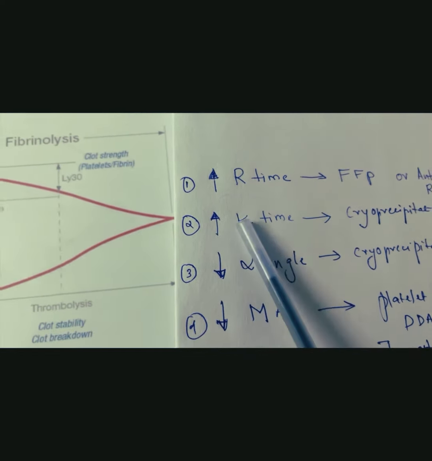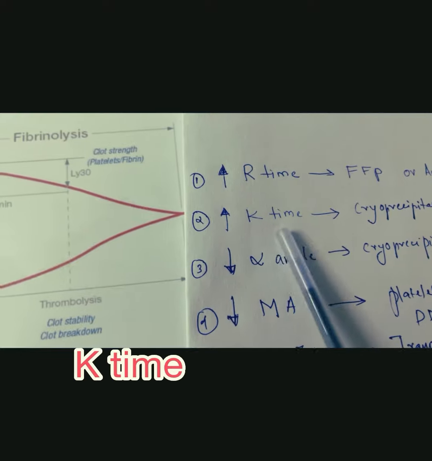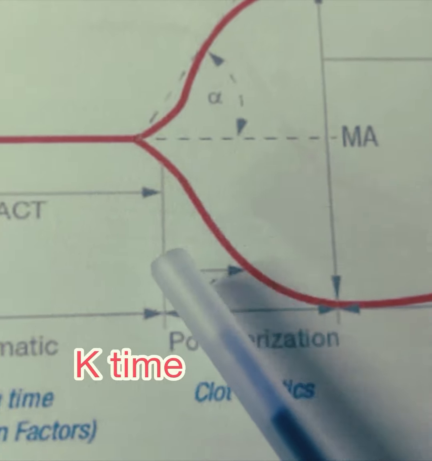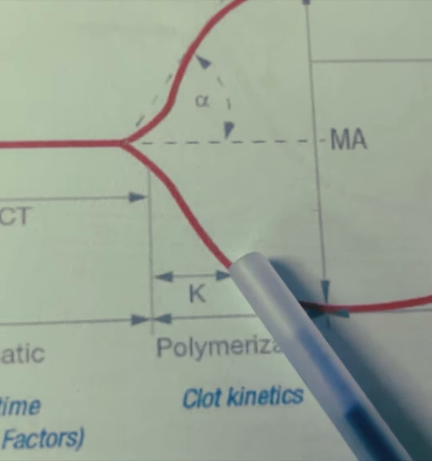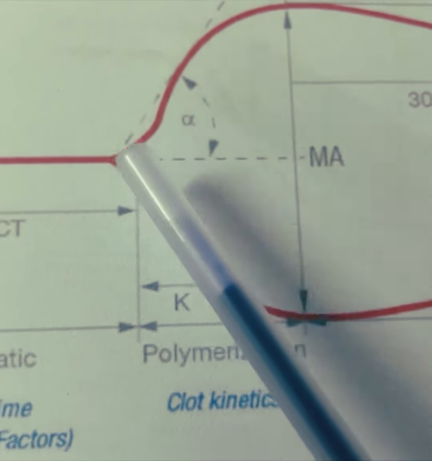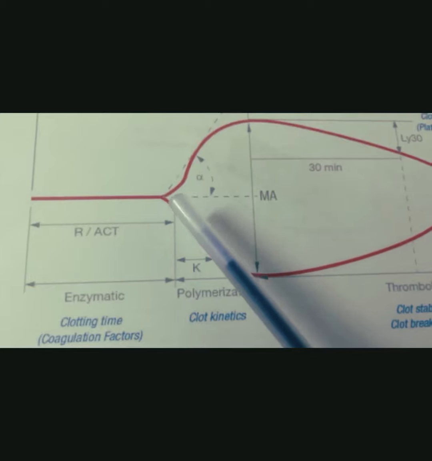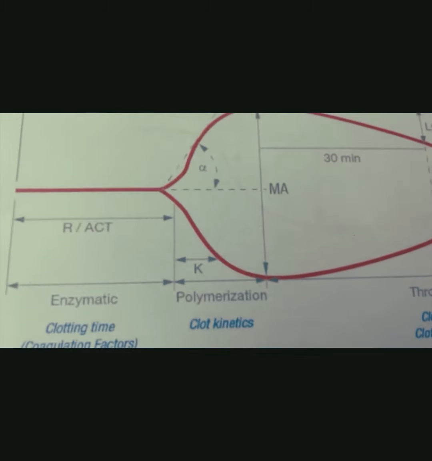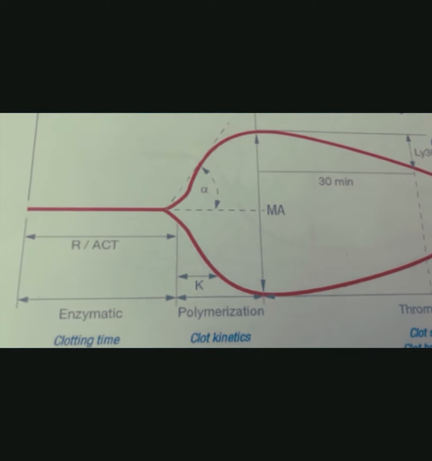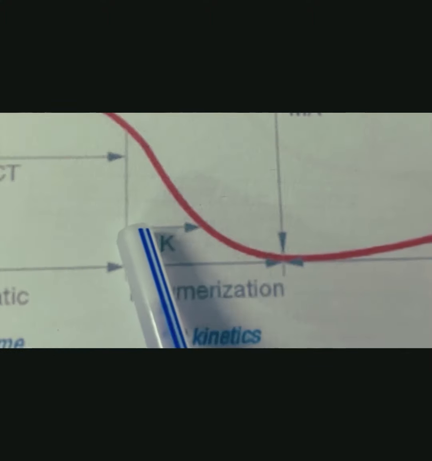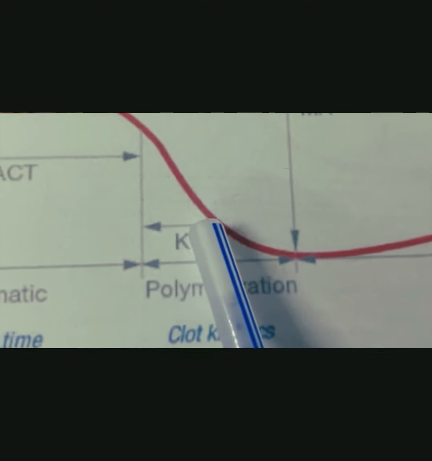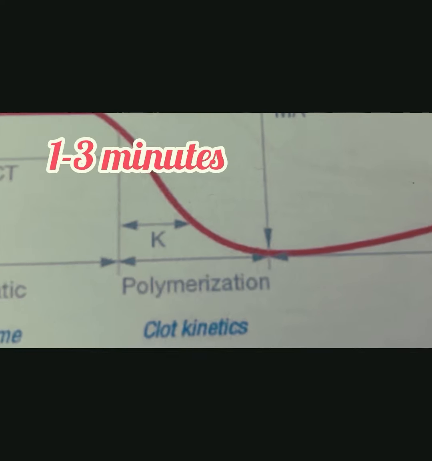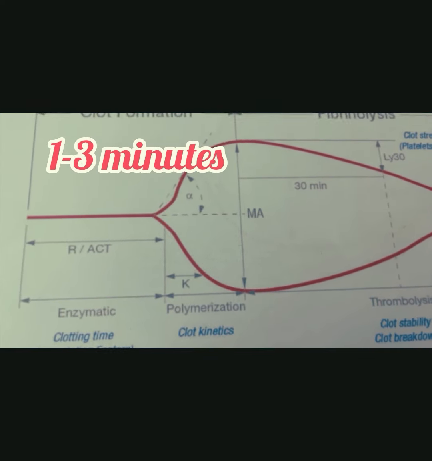First is R time. Second one is the K time. So what's the K time? As I told, from here the clotting starts, and this clot should reach a particular strength, and it is impacted by fibrinogen. So K time is the time elapsed until the clot reaches a fixed strength. Normally it takes 1 to 3 minutes to reach this strength.